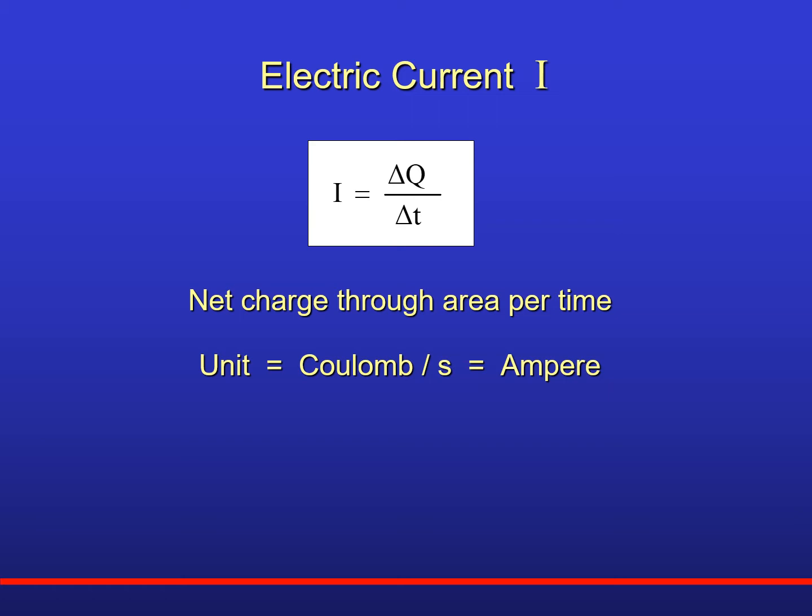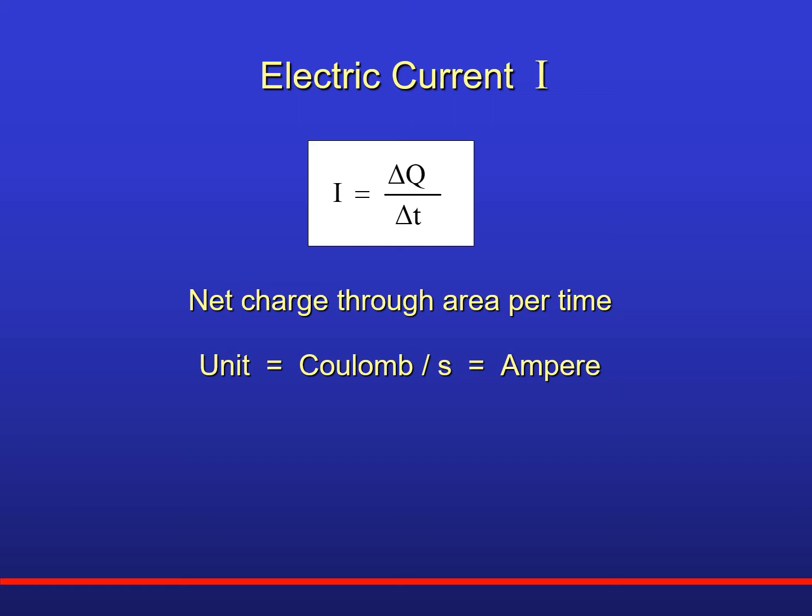The unit of current is coulomb per second, which is called the ampere, named after the French mathematical physicist Marie Ampere. Almost no one says ampere. Typically, people say amp for short, or for a smaller amount, they'll say milliamp.